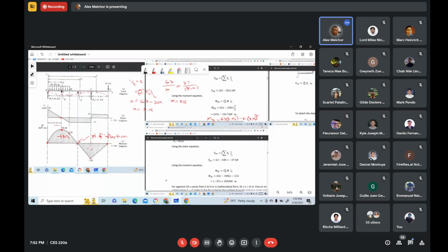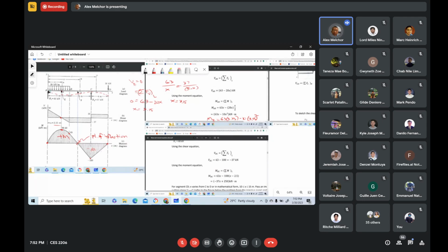So meaning that the portion of the beam from the point of inflection to the right end has a curvature that is concave downward. Okay, because we have negative moment. So you see here from that point to that point there, that is concave downward. Okay, are there any questions?